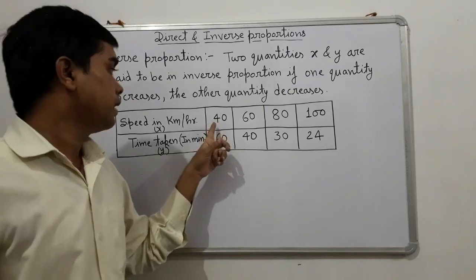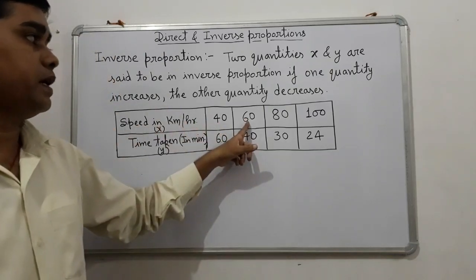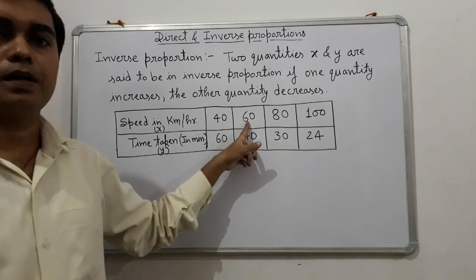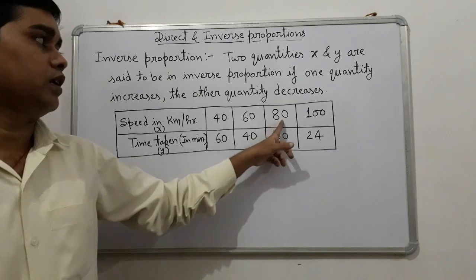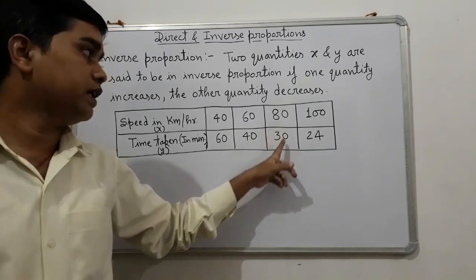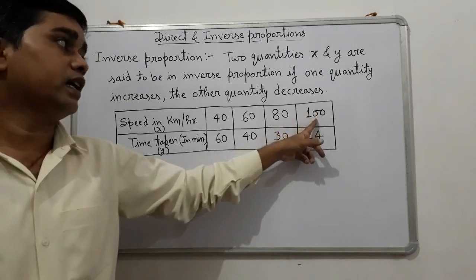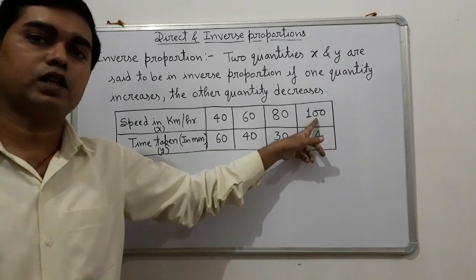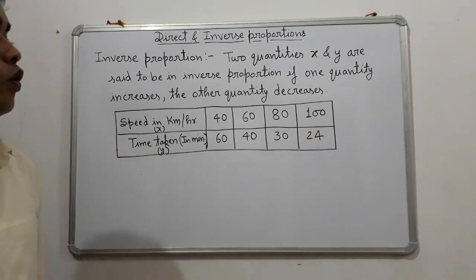If speed is increasing, see, if speed is 60 km per hour, then time is 40 minutes. If speed is 80 km per hour, then time taken by the car is 30 minutes. And if speed is 100 km per hour, then time is 24 minutes.